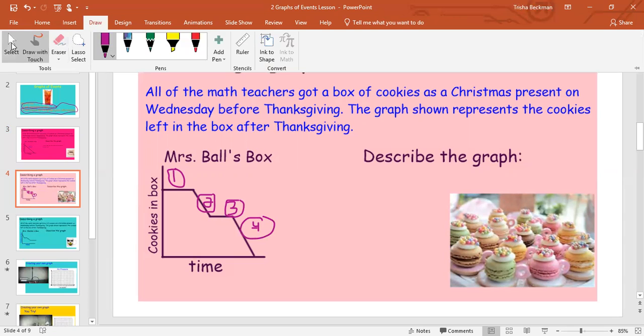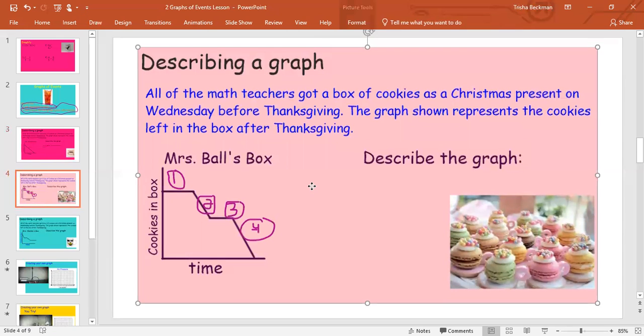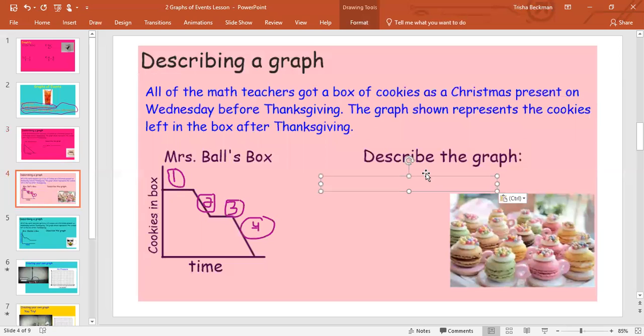All right, so let me get my keyboard up here. So the first thing I would do is label 1, 2, 3, 4. In the first part, Mrs. Ball got her box of cookies. What did she do in line 1?